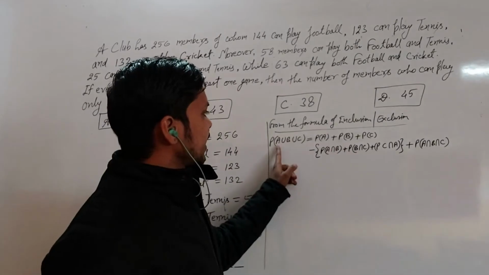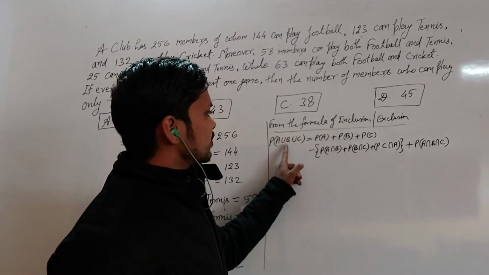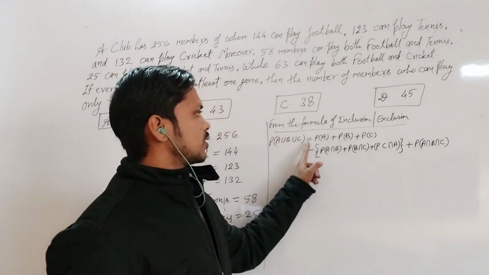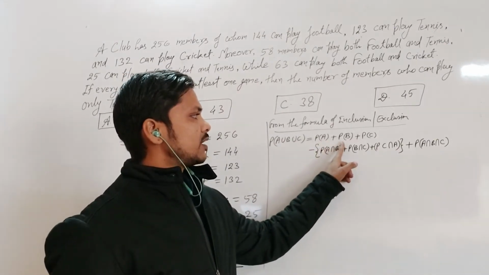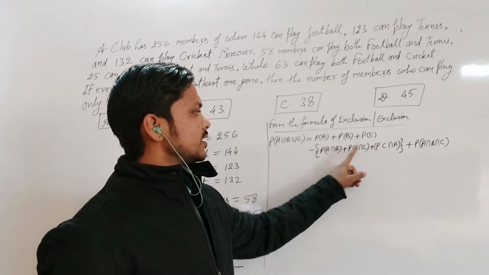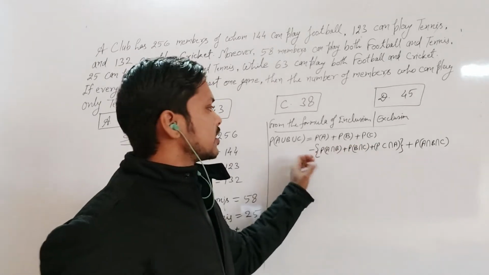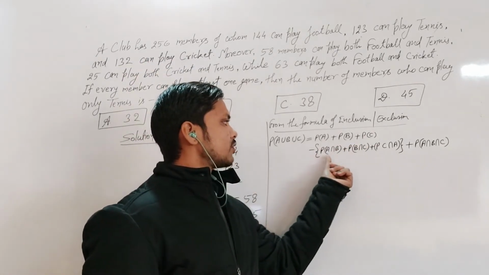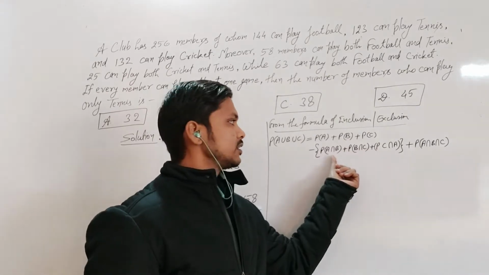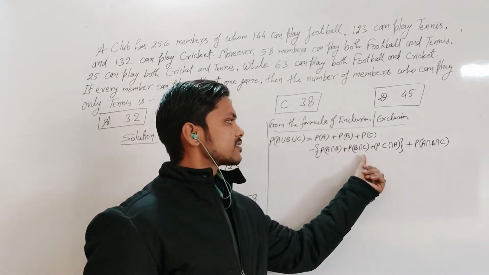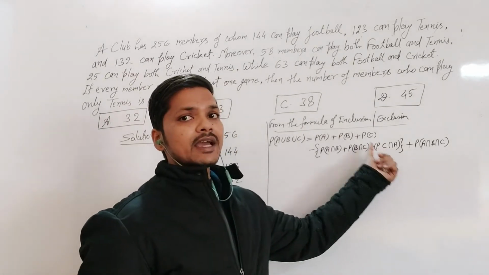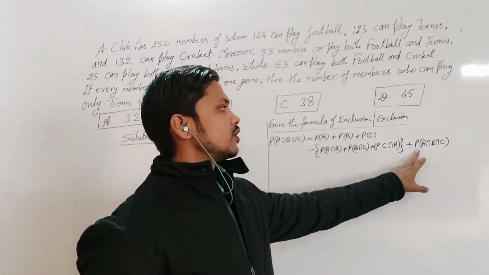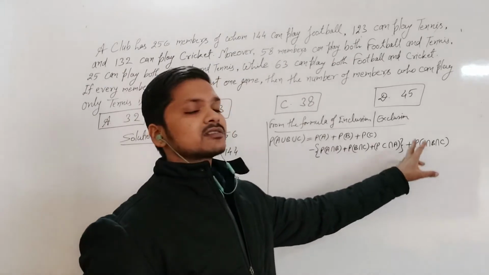Probability of A union B union C is equal to probability of A plus probability of B plus probability of C, now minus probability of A intersection B plus probability of B intersection C plus probability of C intersection A, and at last plus probability of A intersection B intersection C.